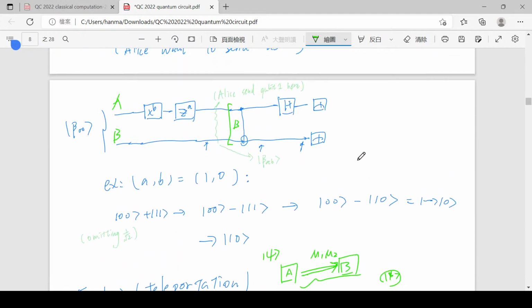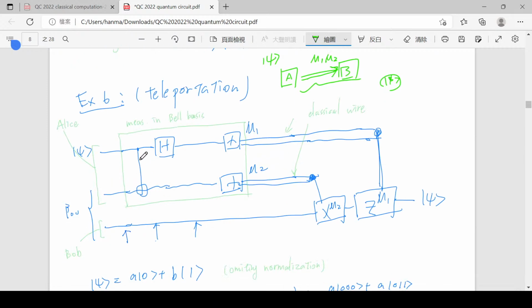As you already see, this is a measurement in Bell basis, so CNOT and Hadamard, then measurement. And she is going to send the measurement result to Bob. Here we use those double lines as classical wire. And this is actually quite standard notation.